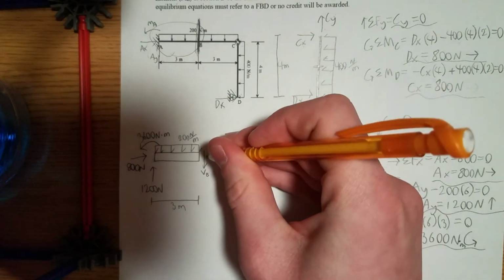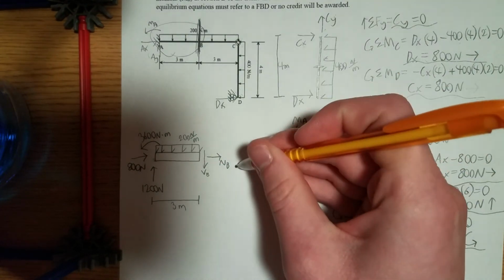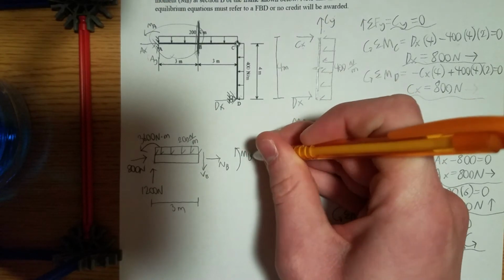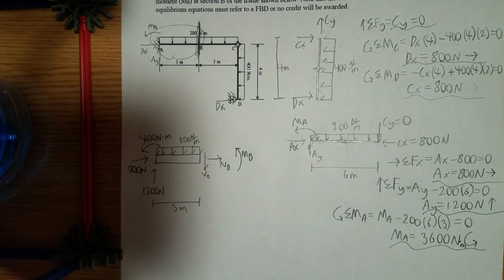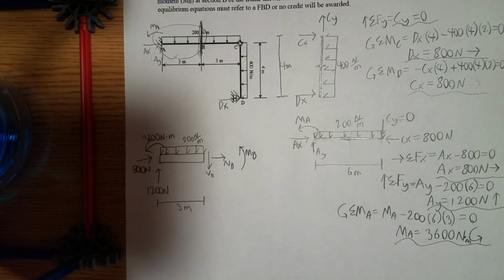Next, we've got the axial, which is going to always be going out, NB. And then we've got the moment, which is going to be going up, MB. Or not up, but in this case, counterclockwise. But it always kind of curls around that end. And that's what we've got for the internal forces here.